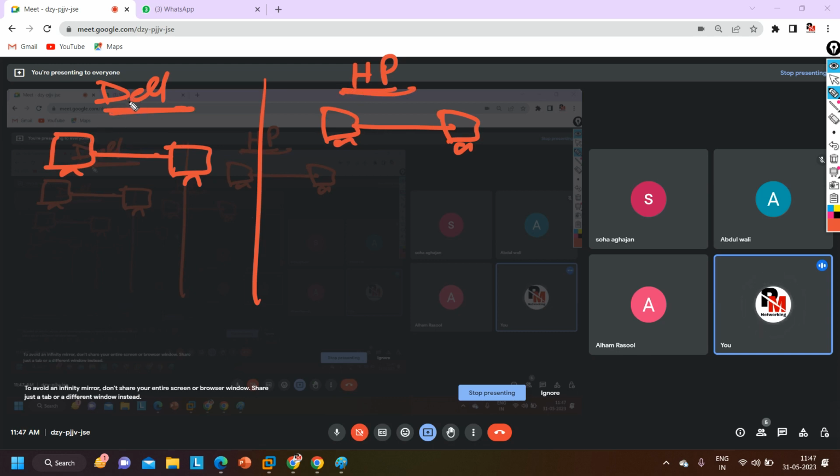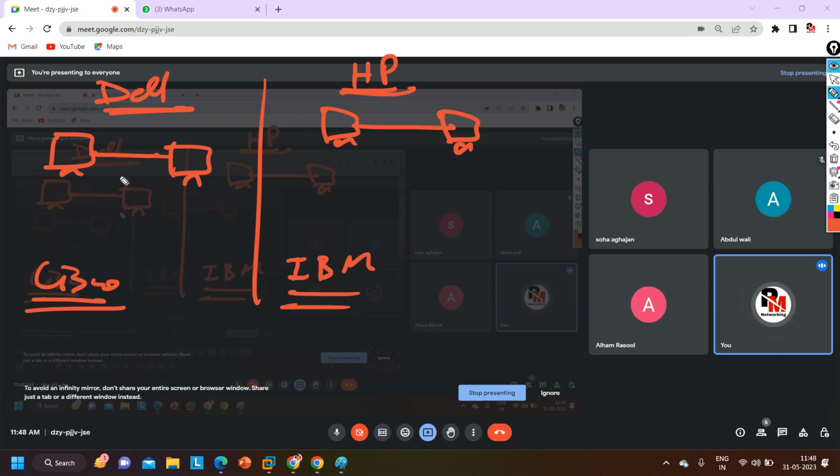The method which the Dell engineer used was different from the method the HP engineer used. In the same way, the process of Cisco was different from IBM. That means the challenge here is how to make communication possible between different vendor devices.